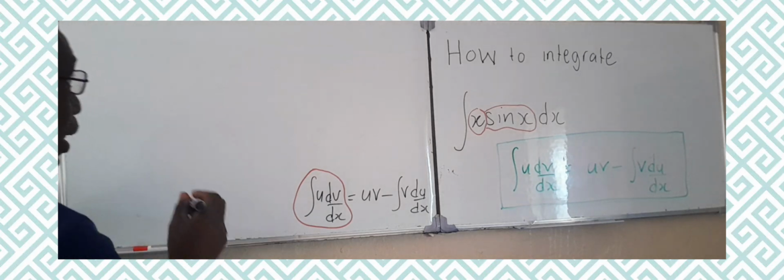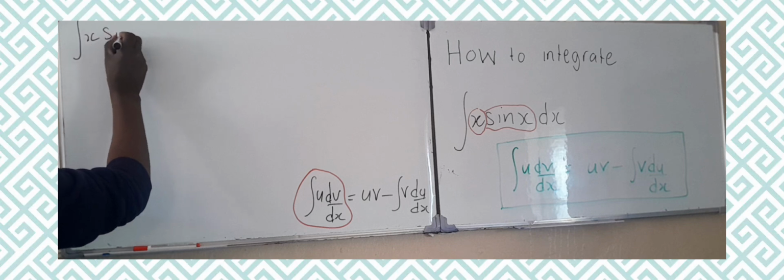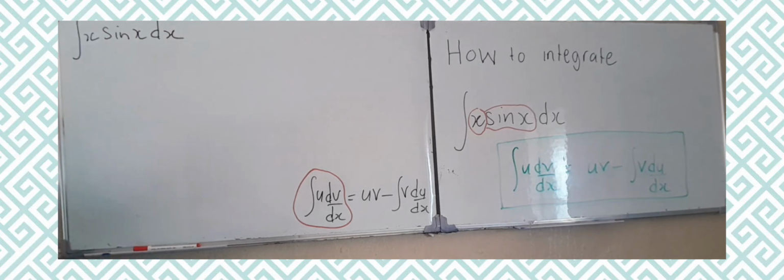So let's write it again here. It's x sine of x dx. We have a choice. You can choose what you want to be u, you can choose what you want to be dv. But I will show you the pitfalls that you will meet if you choose your v or du wrongly.